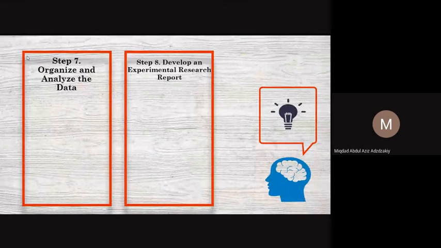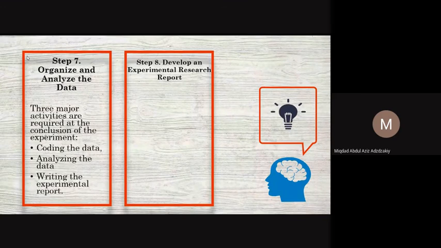Step 7: organize and analyze the data. Three major activities are required at the conclusion of the experiment. The first is coding the data, the second one is analyzing the data, and the last is writing the experimental report. And step 8: develop an experimental research report.